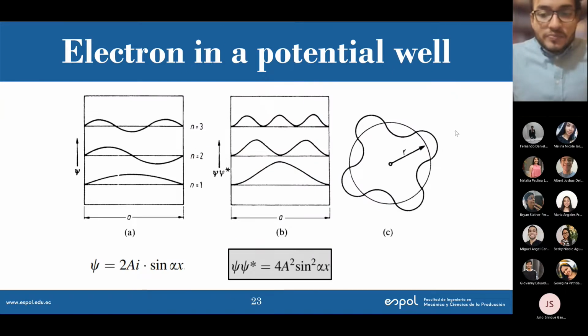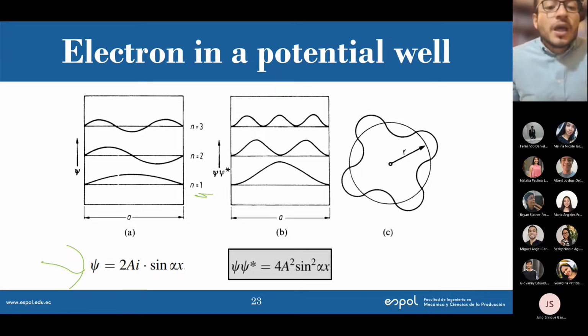So now something important appears. If we were to plot the wave function of the electron in a potential well, the 2a sine alpha x, as I said, this is always satisfied as long as n is an integer.